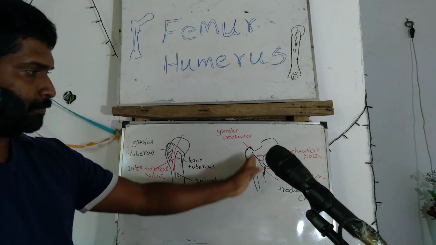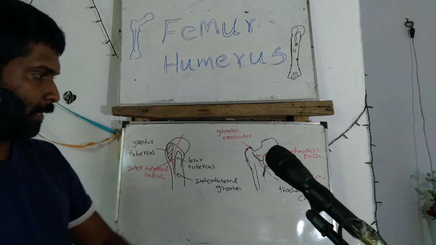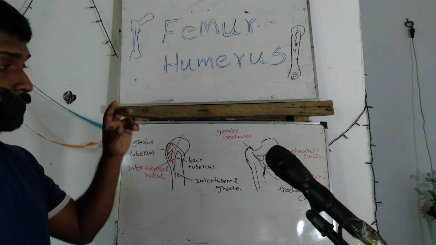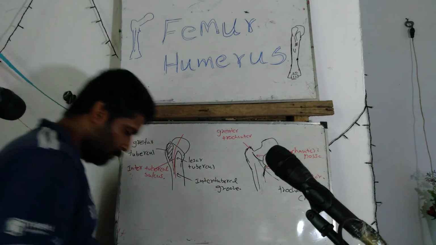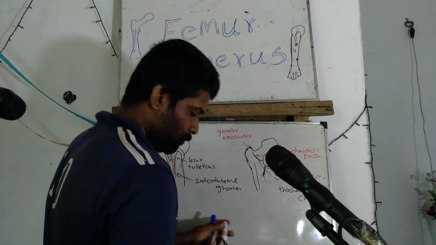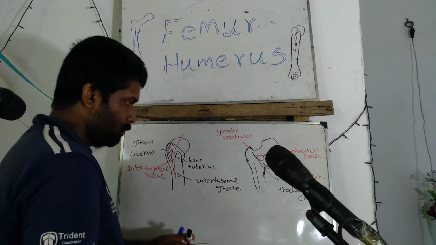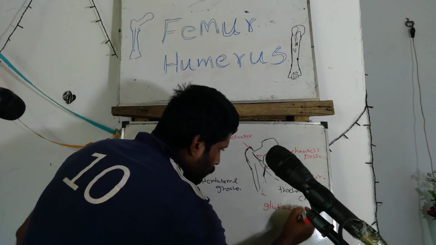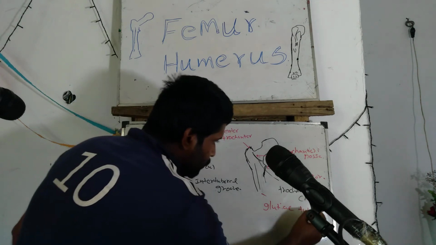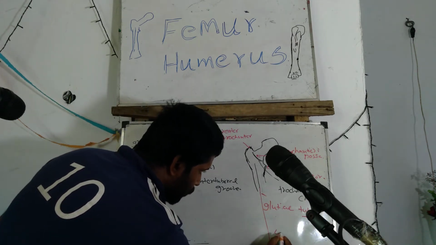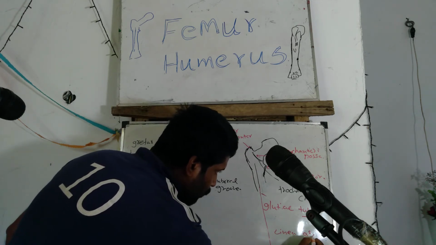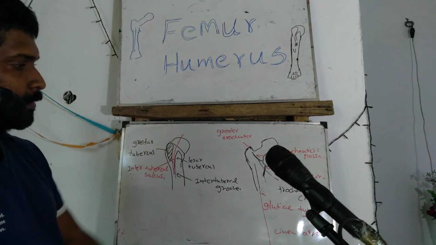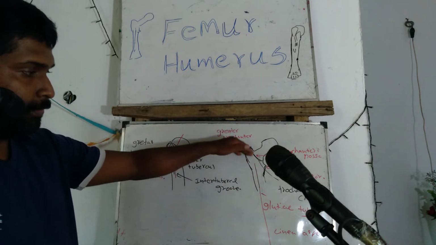There is an area called the gluteal tubercle of the femur. It goes downward and has another name, the linea aspera. The gluteal tubercle goes downward on the medial side of the bone.